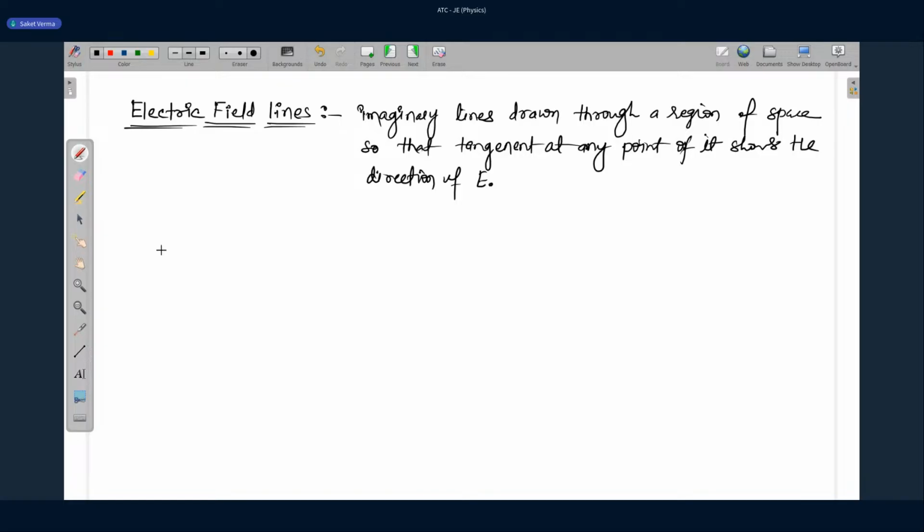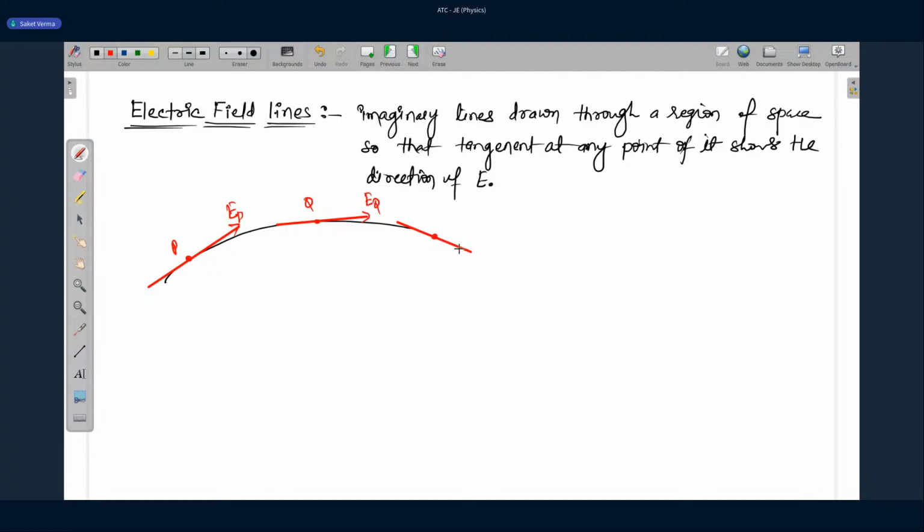Suppose you have drawn any curve like this. The tangent to it will show the electric field direction here, here, and here. At point P, if I ask you, that is the direction of the electric field. At point Q, it is the direction of the electric field.